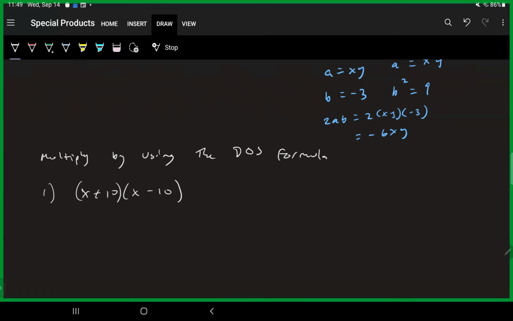And we're going to recognize that a plus b and a minus b is a squared minus b squared. So we're not going to bother multiplying out to cancel out the terms. I'm going to recognize that my a is x, b is 10, and so x squared is x squared, and 10 squared is 100, and the formula has a subtraction in the middle. And so I'm going to get x squared minus 100.